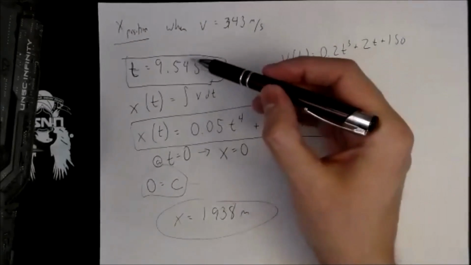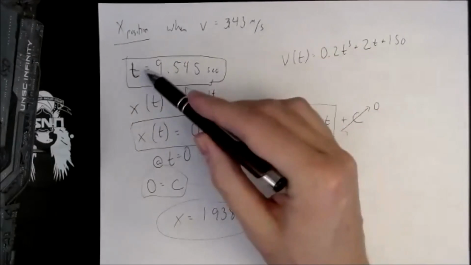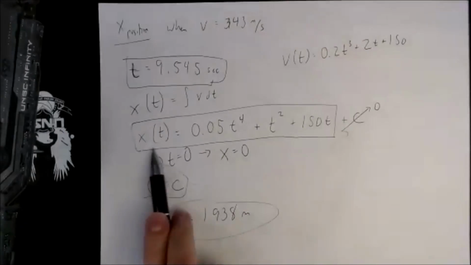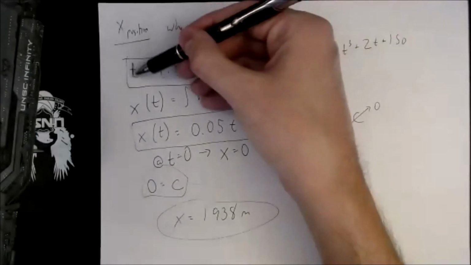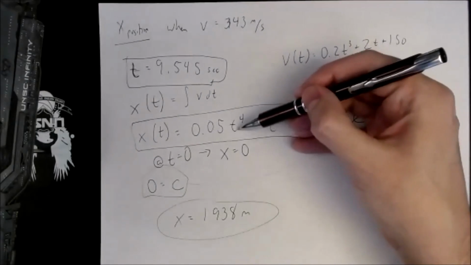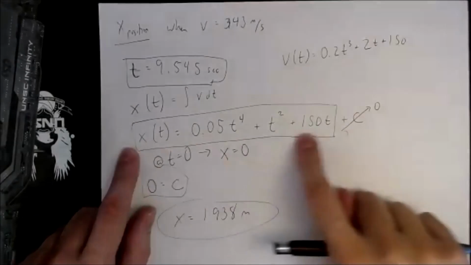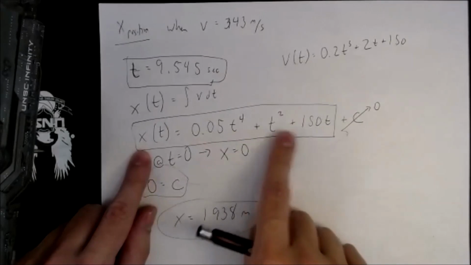All you need to do is take the 9.545 seconds and say, okay, we're going to set t equal to 9.545 seconds. I already have this equation expressing my position, so I can take this time and plug it in for t right there. This equation tells me the position of an object if I plug in a particular time.